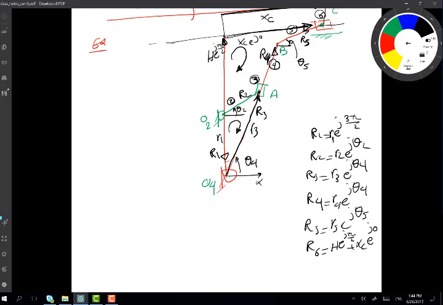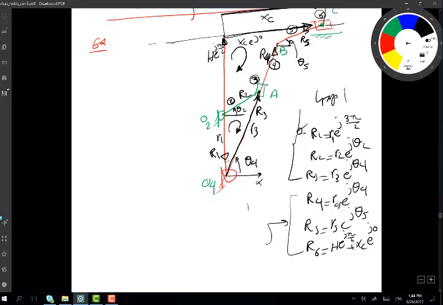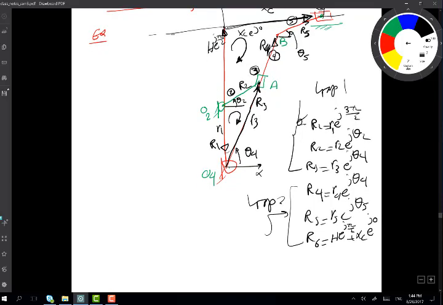So the first loop will encompass those three vectors. This will be loop 1, and this will be loop 2. Loop 2 will be those other vectors. And now when I look at these loops, every loop is really by itself a single degree of freedom linkage, and it's possible to do just one loop closure equation per loop and find everything we want per loop.